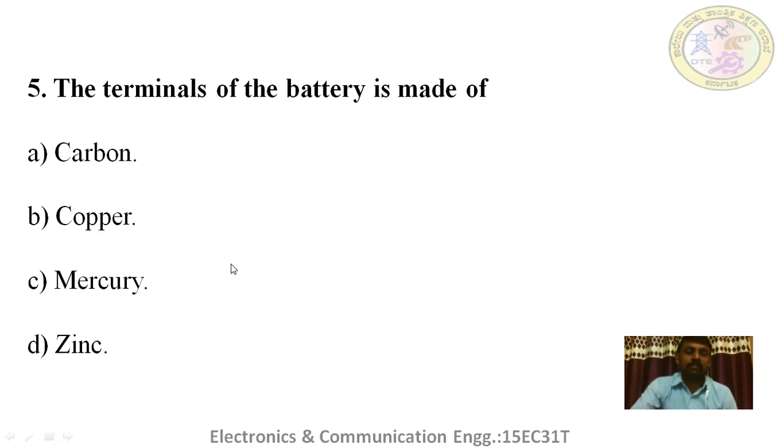Mercury is a liquid metal. Zinc, yes, this is the correct answer. Zinc is used as a terminal in the battery because zinc is a corrosion free metal and also a good conductor. Therefore, zinc is used as terminals in the batteries.